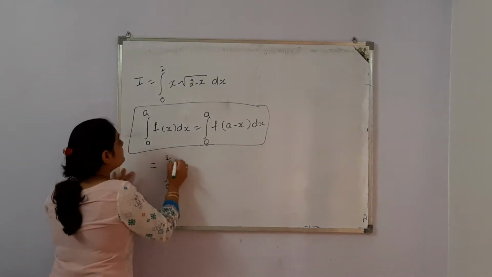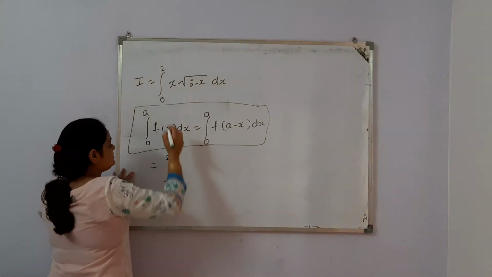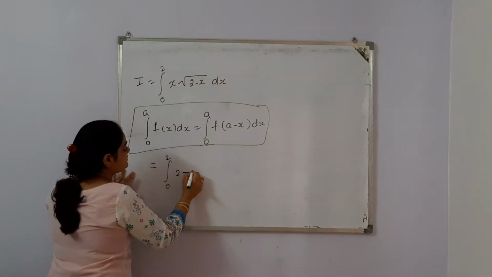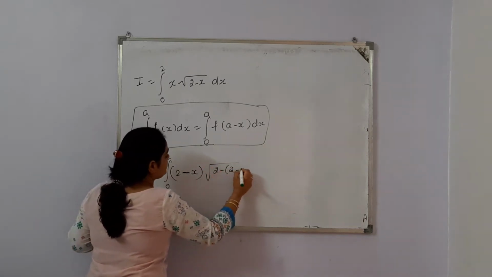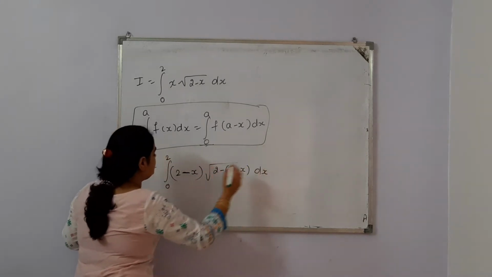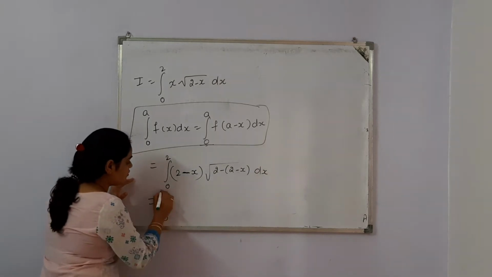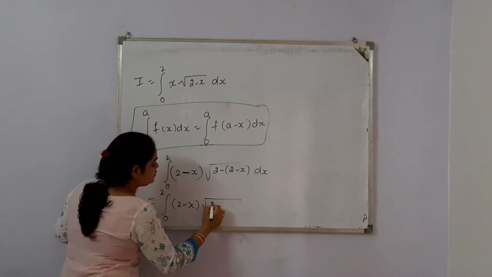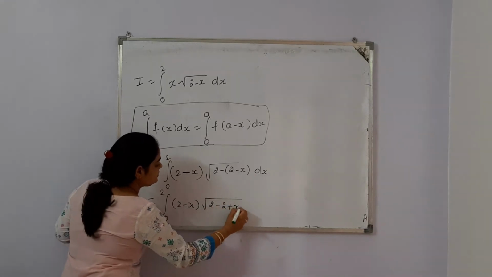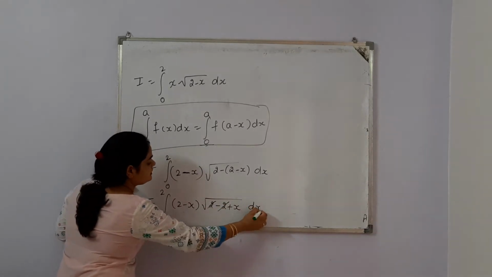In place of x we are going to write 2 minus x, and here in place of x again we write 2 minus x, dx. So 0 to 2, 2 minus x under root of 2 minus 2 minus minus plus x, dx.